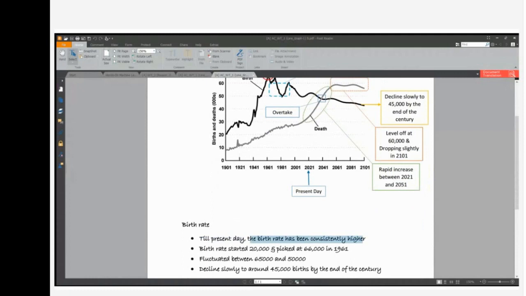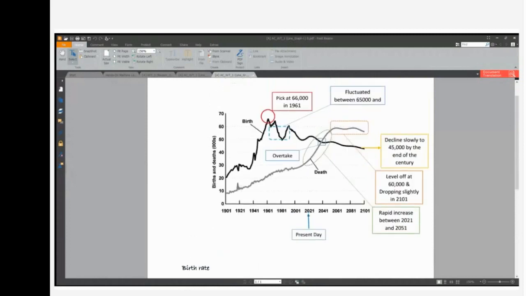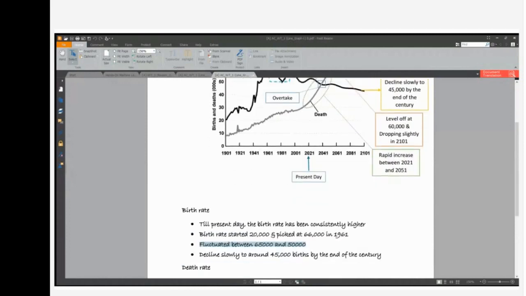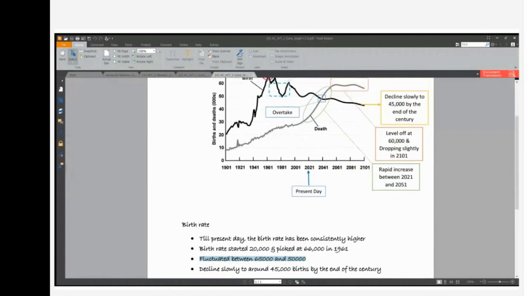The birth rate started around 20,000 and peaked at 66,000 in 1961. It fluctuated between 65,000 and 50,000, somewhere here, as we have seen in blue color. And then it declined slowly to around 45,000 by the end of the century.